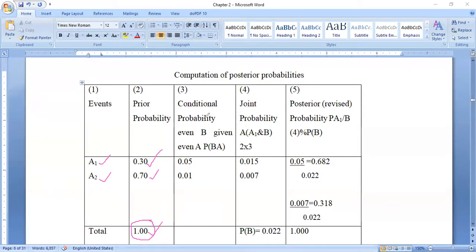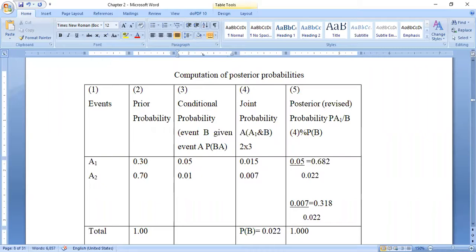Next, conditional probability. We completed events and prior probability. In conditional probability, the probability of event B given event A, P of B given A. Please mute all of you, getting some disturbance.